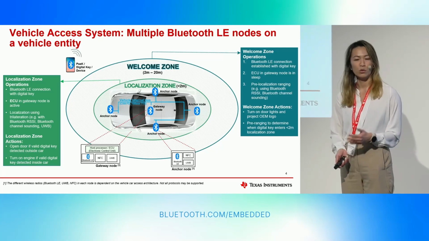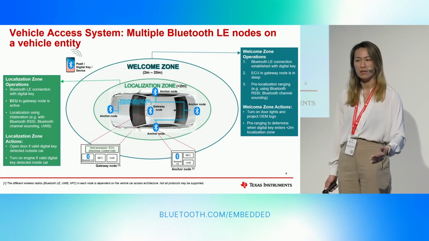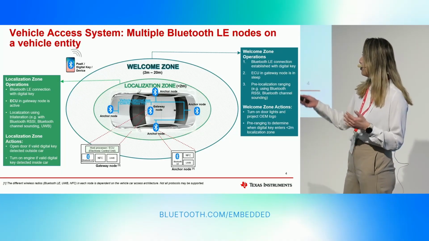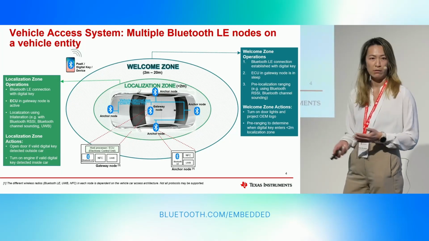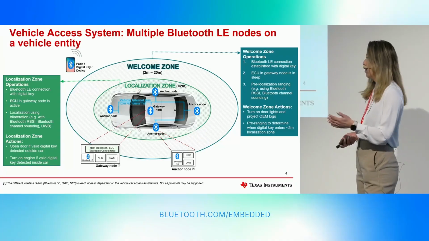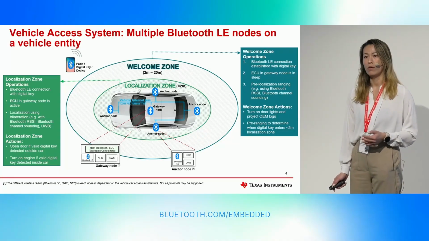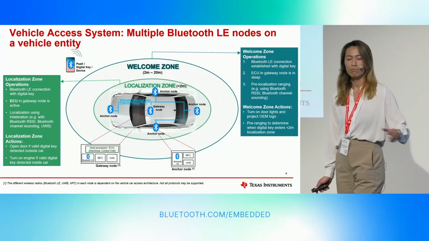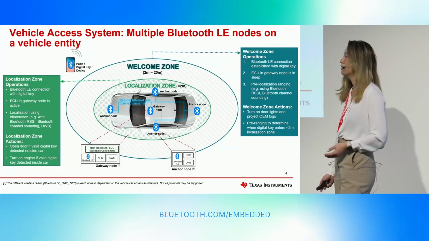You don't want the user to stand there for 2 seconds holding the handle, not being able to open it. So at that point, you go into a channel sounding ranging solution, or even an ultra wideband solution, to provide a more accurate result and prevent the user from getting what we usually call a penalty stand on the car.